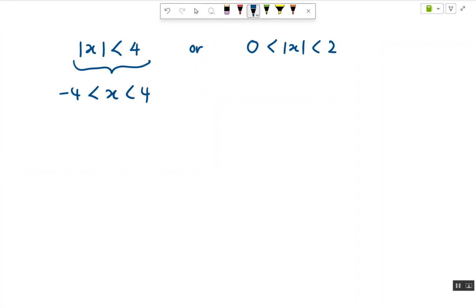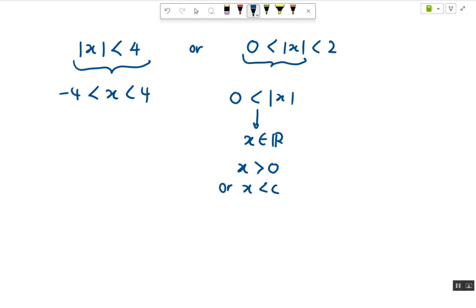Now, for this one, it's quite important you split it up again. So modulus x greater than 0. All modulus x are greater than 0. So the answer for this is x can be any real number. If you don't understand why, it's because if modulus x is greater than 0, I'm talking about x greater than 0 or x less than 0.